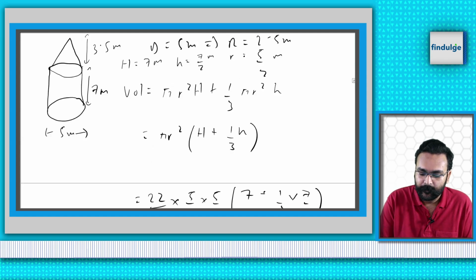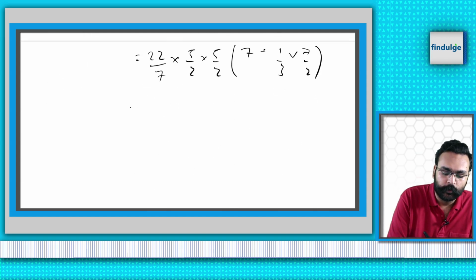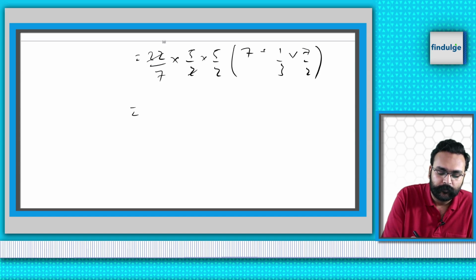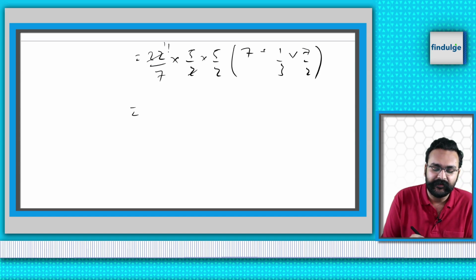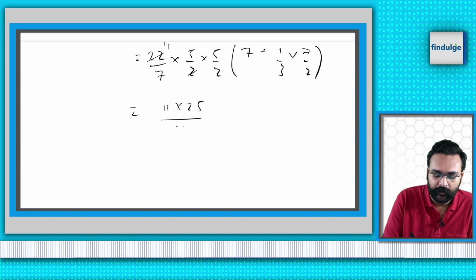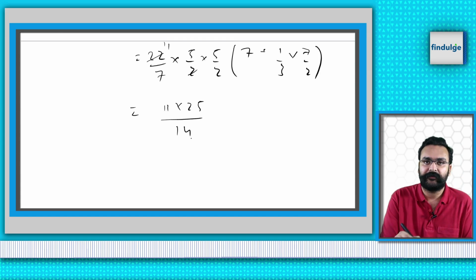Now this would be equal to, let's say we cancel as much as we can right now. 2 and 22 get cancelled, left with 11. So the numerator is 11 into 25 upon 14. 5 into 5 is 25.